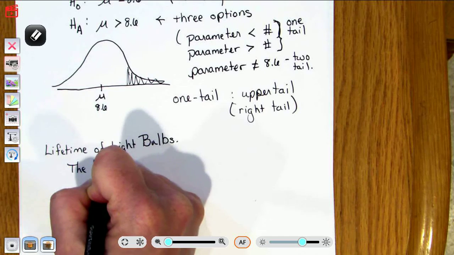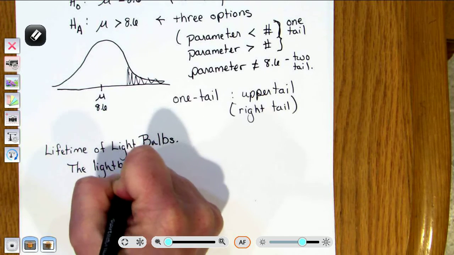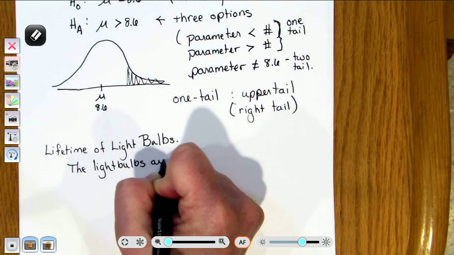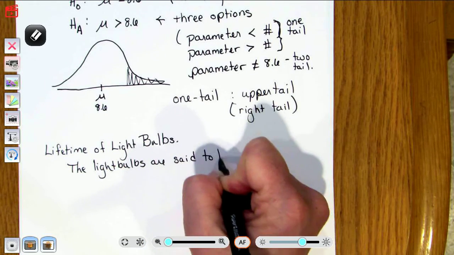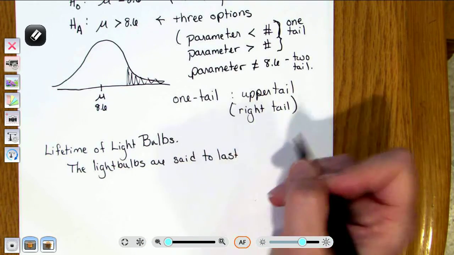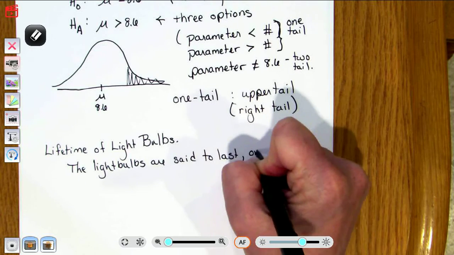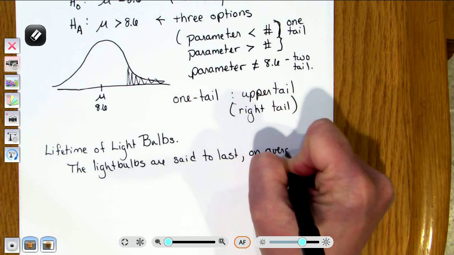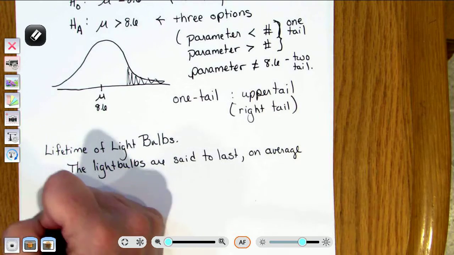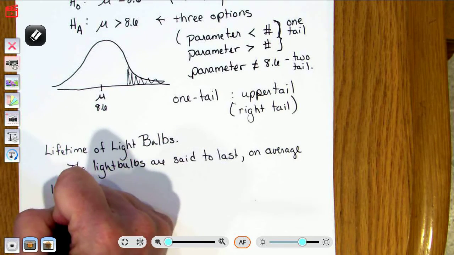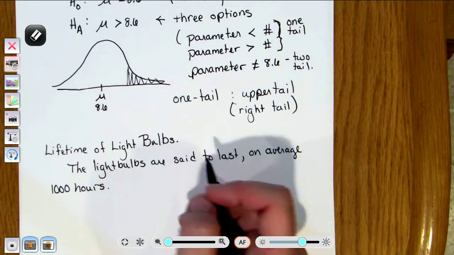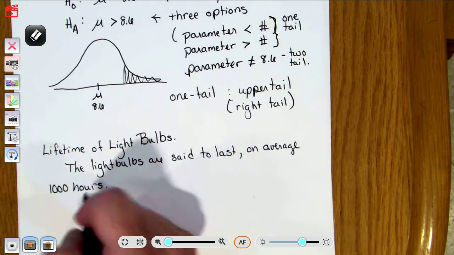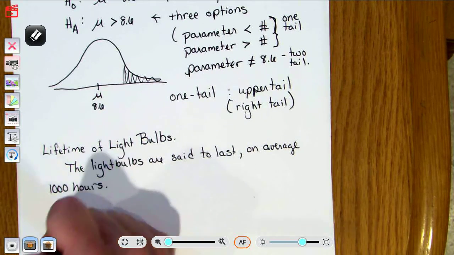And let's just say that these light bulbs are said to last, or whatever light bulbs we're talking about, on average 1,000 hours. Okay, and I'll do a couple different situations.